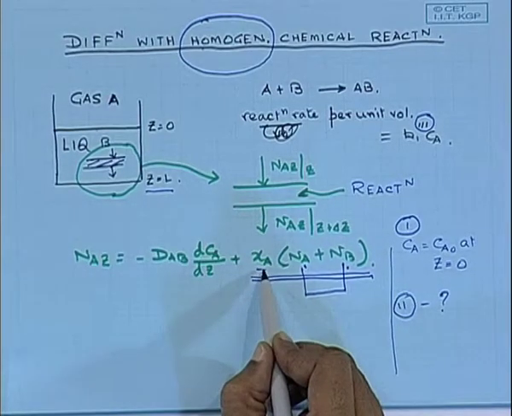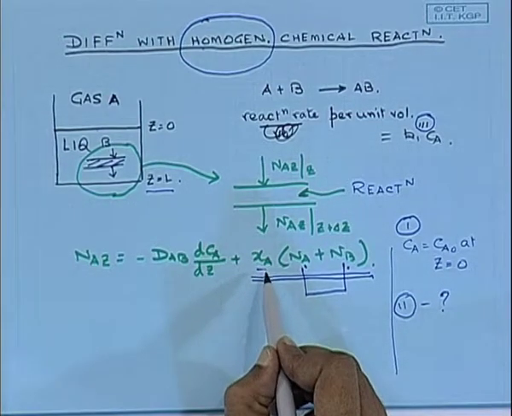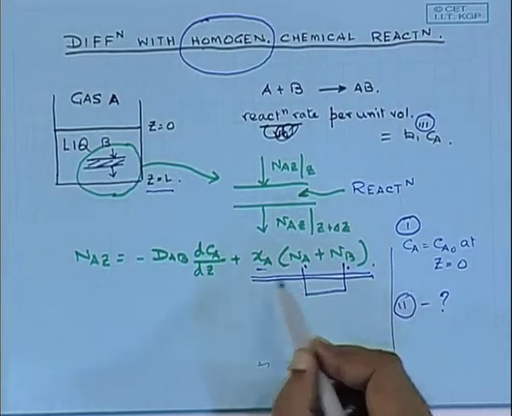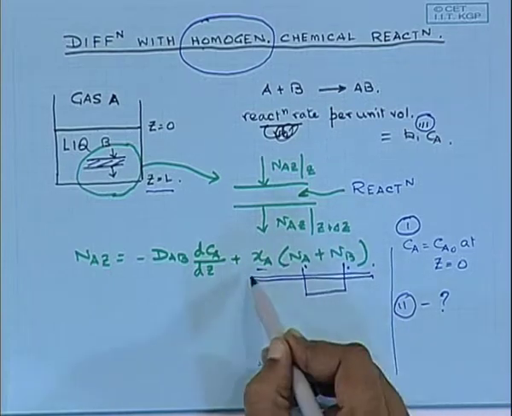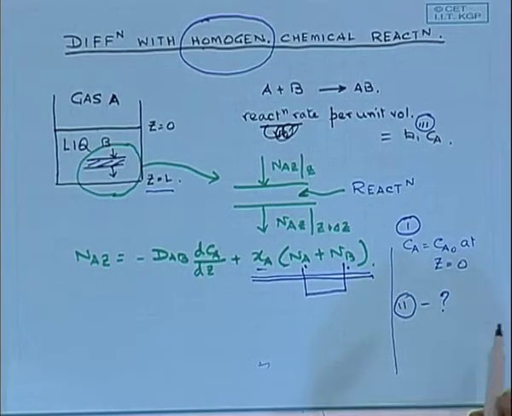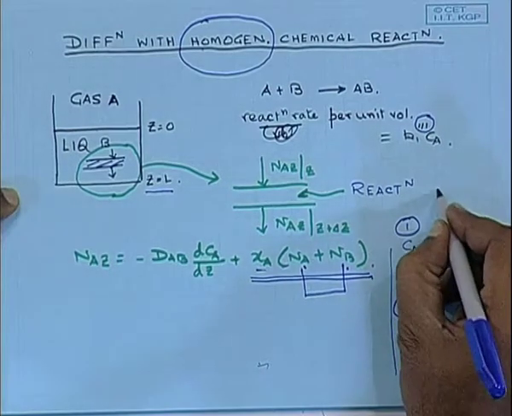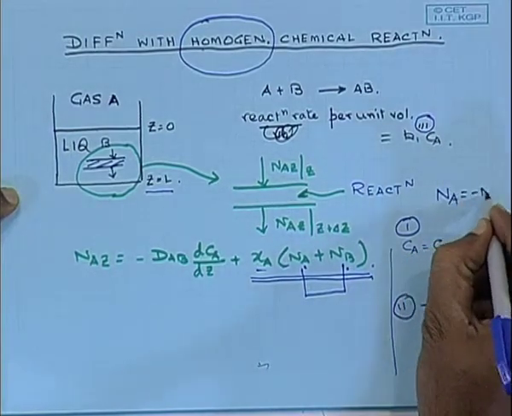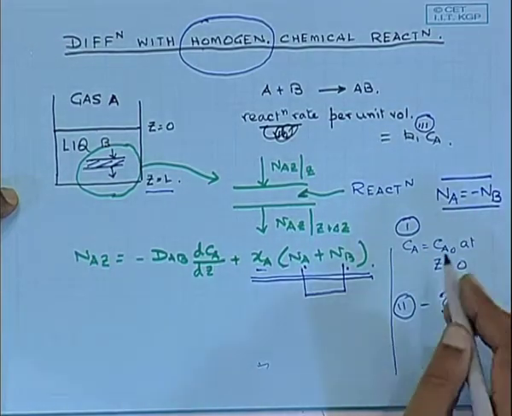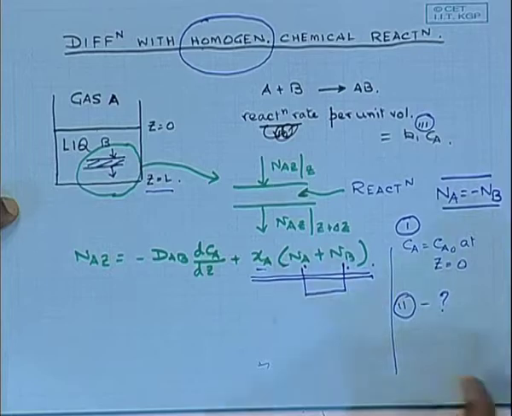So, small values of XA, that means it is a dilute solution, or if it is a diffusion only process, in those cases this term can be neglected. There exists a special case in which NA is equal to minus NB. This is a special case which we will discuss next.